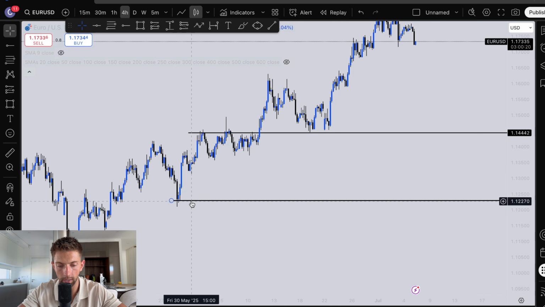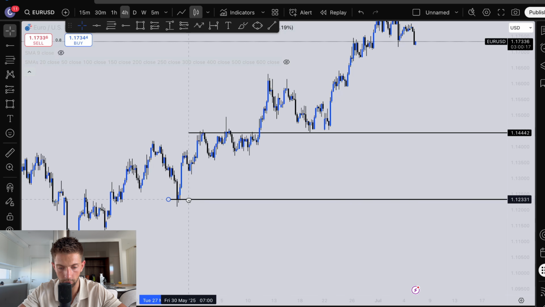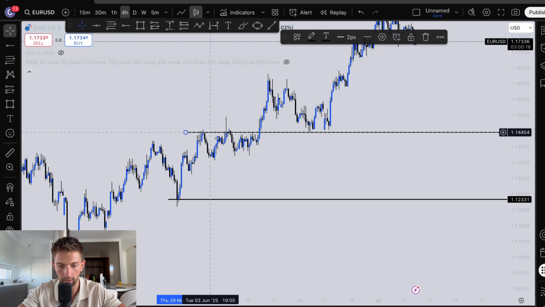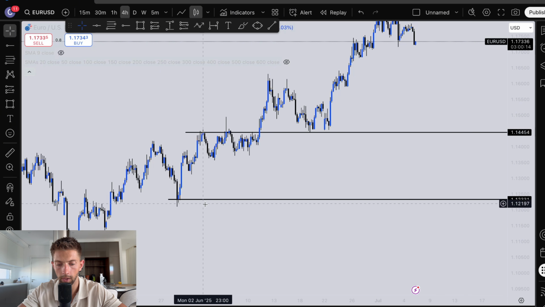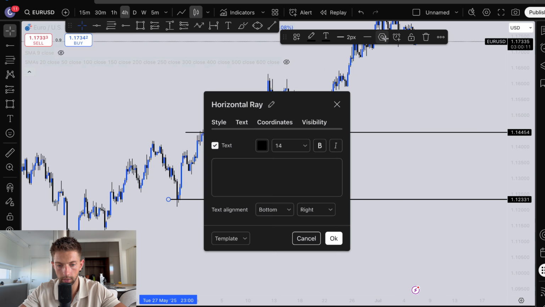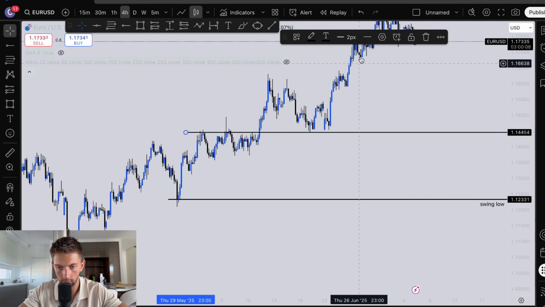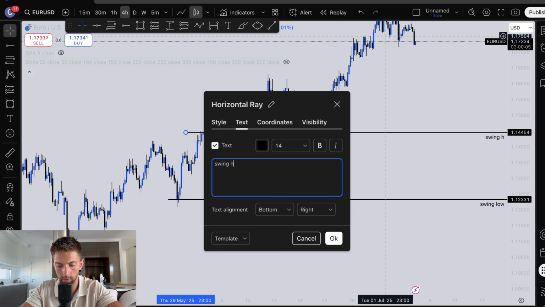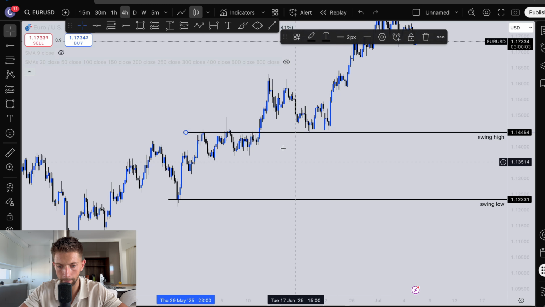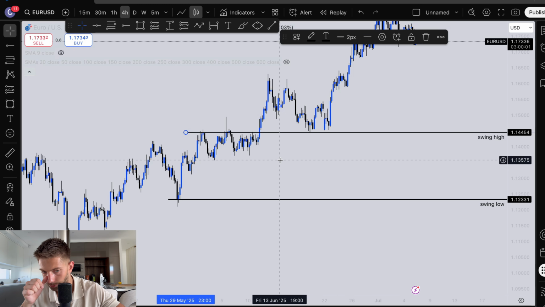Okay, not wicks, but candlestick closures. So candlestick closure 1, candlestick closure 2. This is a swing low. This is a swing high. So this is a swing high and swing low.